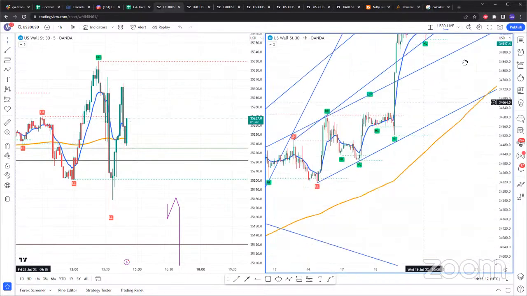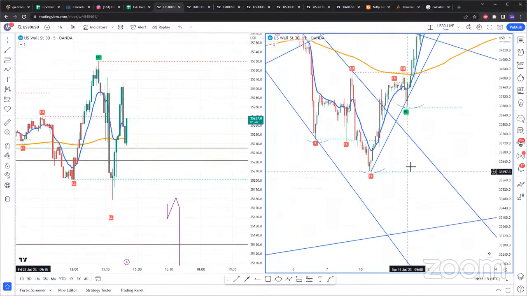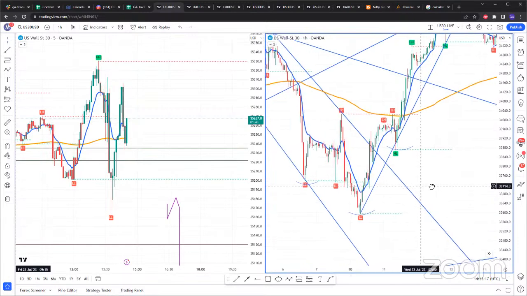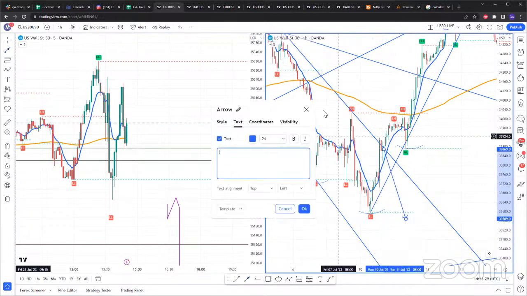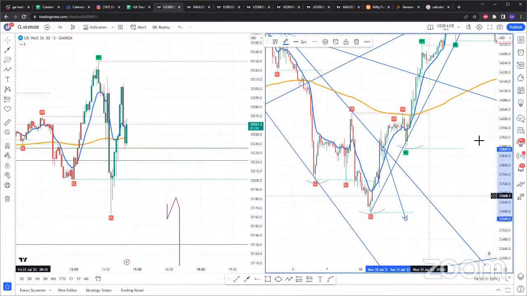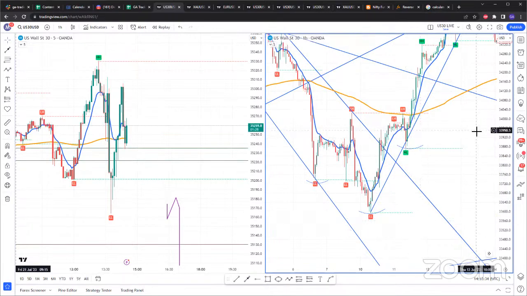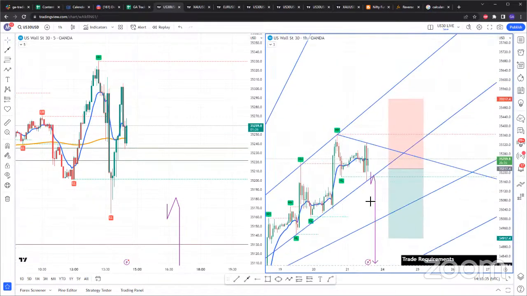Now, to answer your question, it doesn't always have to happen, because look at what happened here. When US 30 came here to this top, the top of this trend line, it could have easily gone back this way, but it didn't. So it's all a game of probability. So ask yourself, what's the probability that US 30 will go to this trend line?